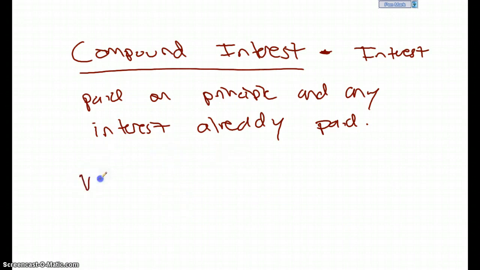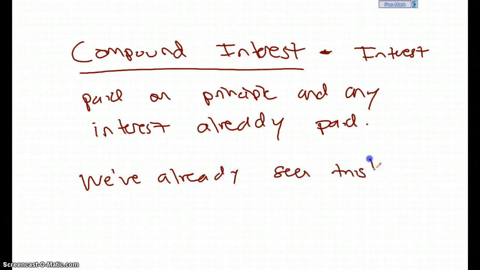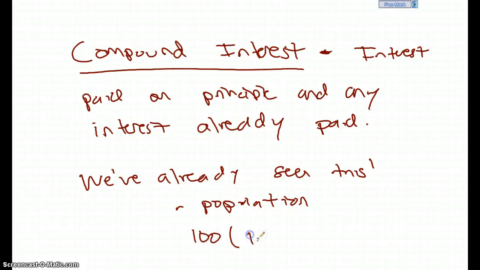Interestingly enough, we've already seen this with population growth, because we're saying that population is going to grow on top of any population that's already there. So if your population starts at 100 and it grows by 7%, let's say, then next year it's going to be 107.